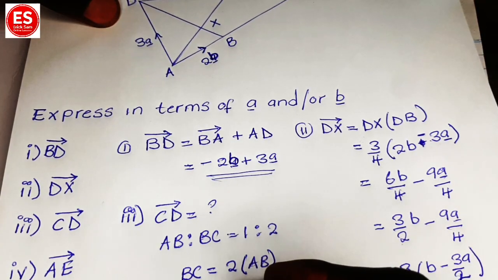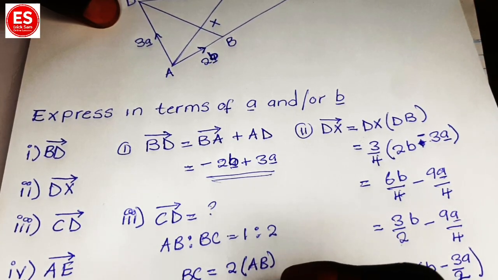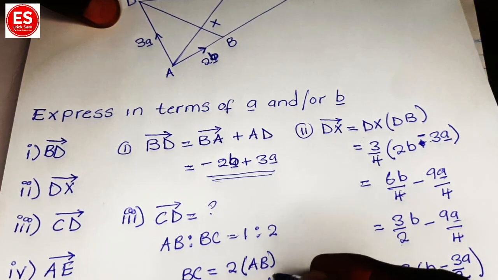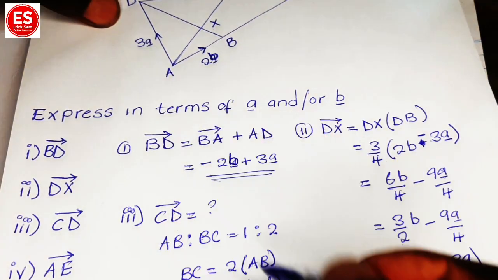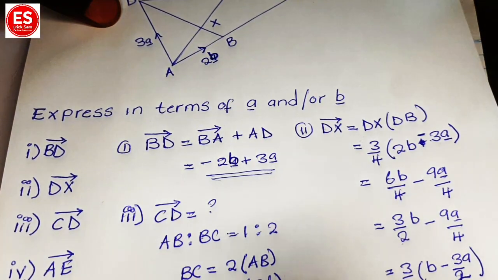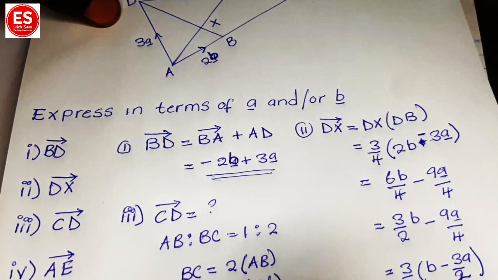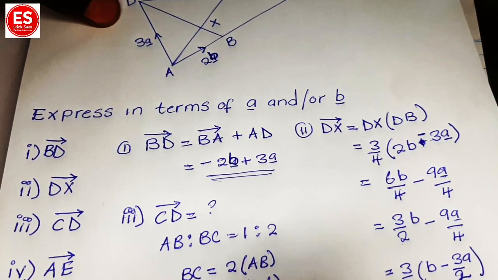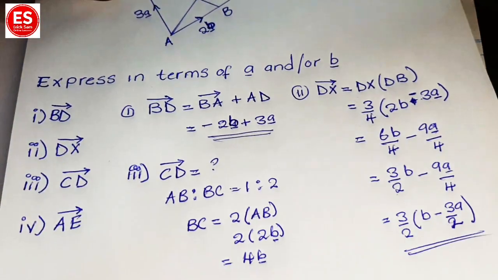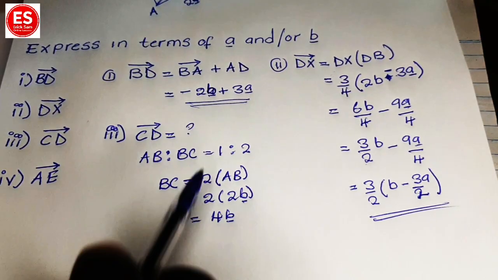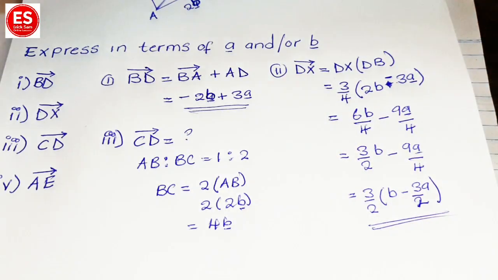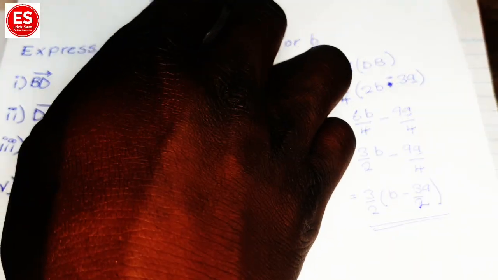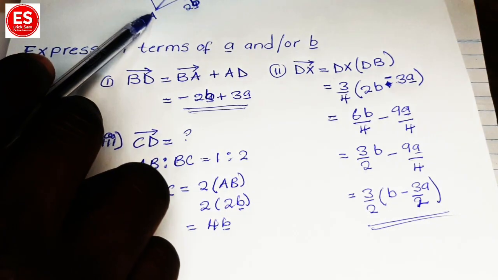Now AB, we know that is 2B. 2 times 2B, so you're going to remain with 4B. So it means that BC is 4B, because BC is double AB.